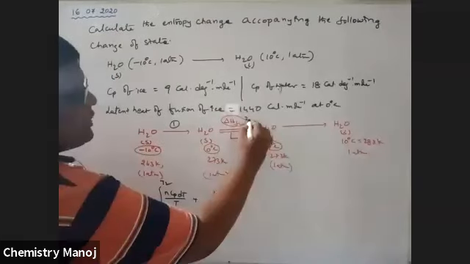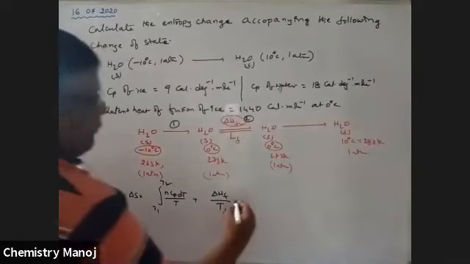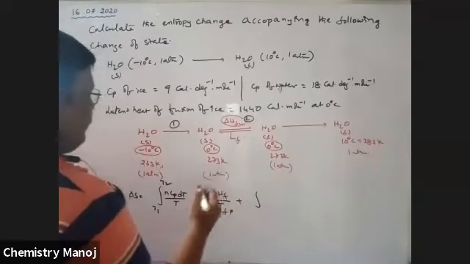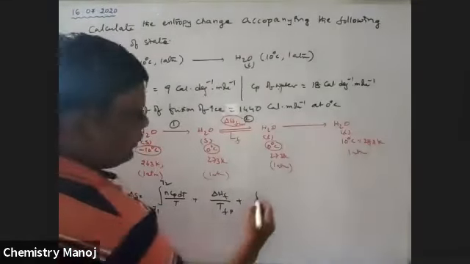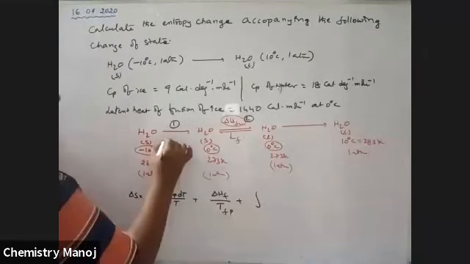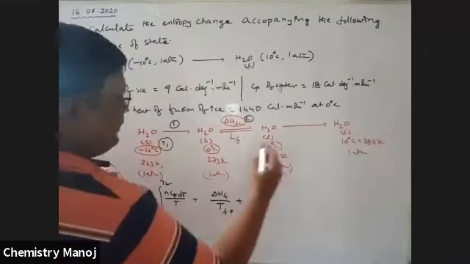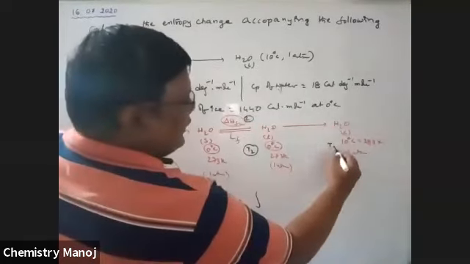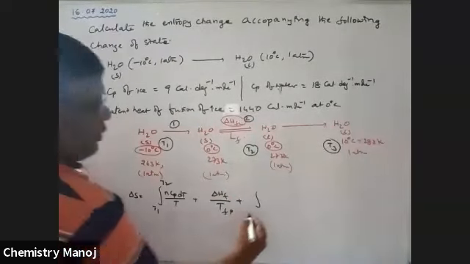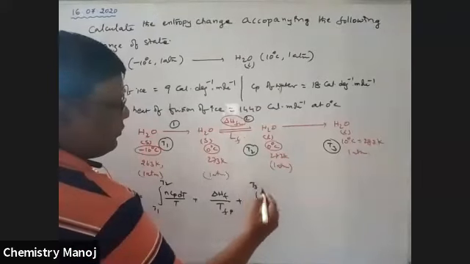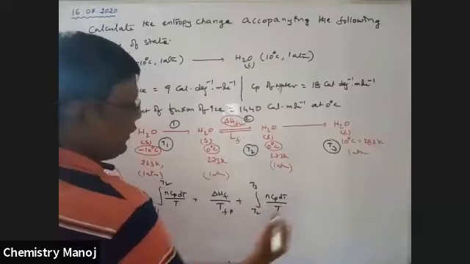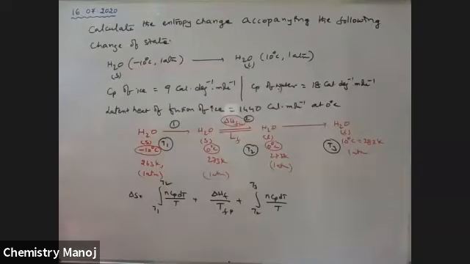Plus integral from T2 to T3, where T1 is the first temperature, T2 is the second temperature, and T3 is the third temperature, of nCp dT by T.